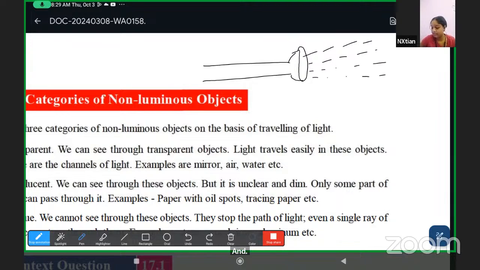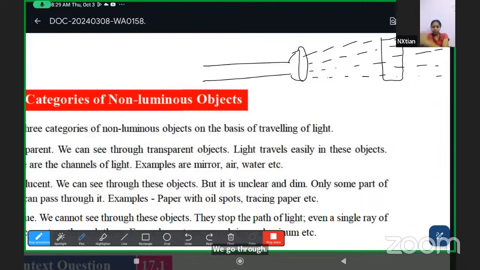Light is emitting from the torch. If there is a transparent glass pane, the light will go through it.